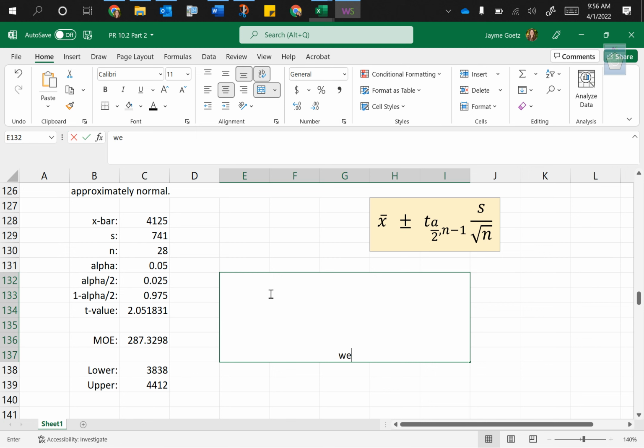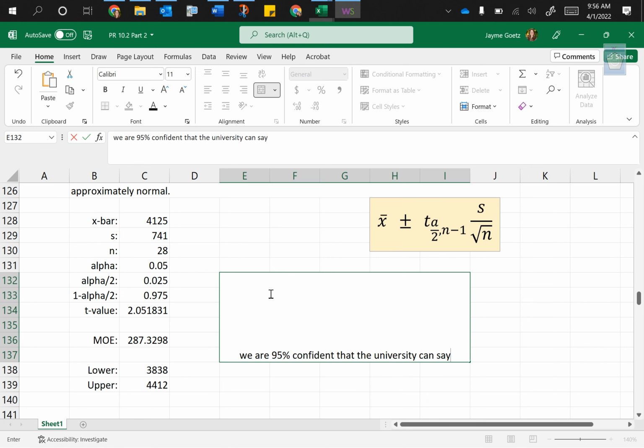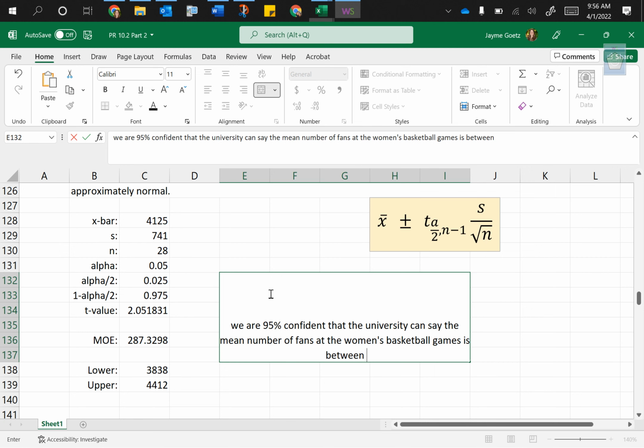We are 95% confident that the university can say the mean number of fans at the women's basketball games is between 3,833 and 4,412 people.